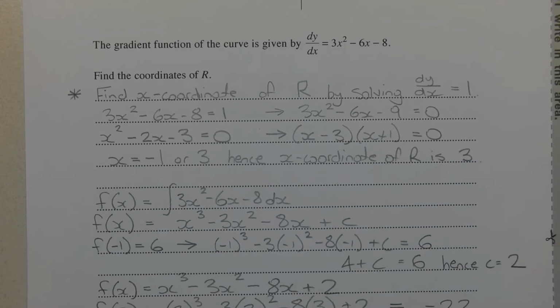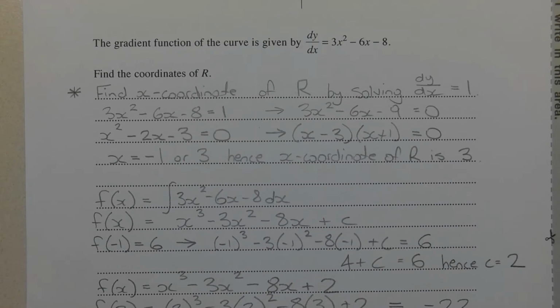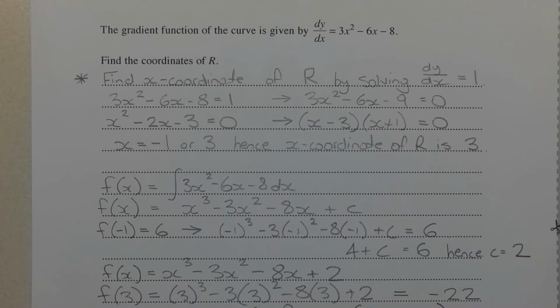So if we substitute negative 1 for x and 6 for f of x, we can solve for c. Negative 1 cubed minus 3 times negative 1 squared minus 8 times negative 1 plus c is equal to 6. Simplifying the left-hand side, we get 4 plus c is equal to 6, hence c is equal to 2.